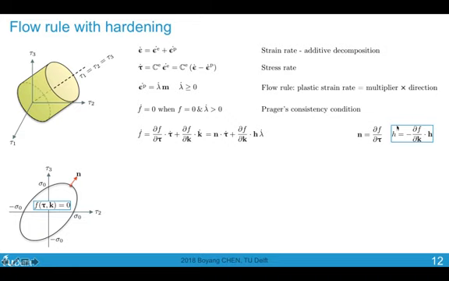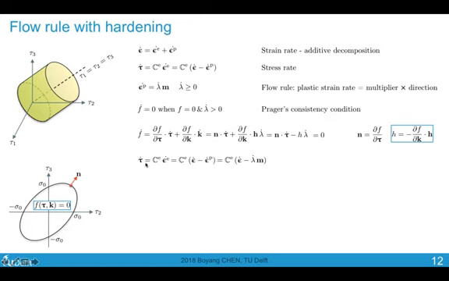So here we introduce this new scalar function h, which is minus of partial f over partial k dot product with h. Then we can write f dot as n dot product with our stress rate minus h times lambda dot, and this needs to be 0 to satisfy Prager's consistency condition.